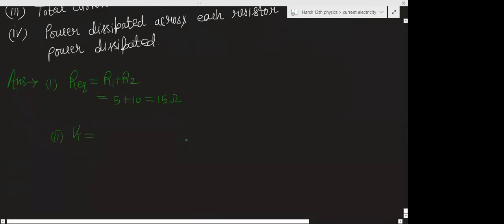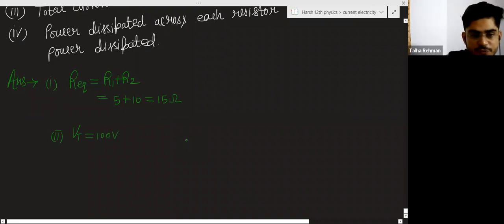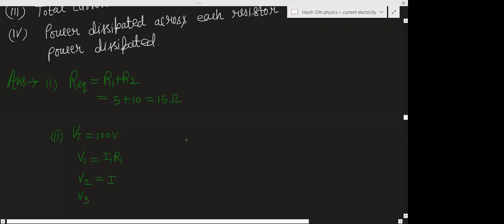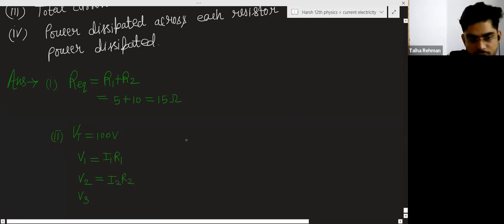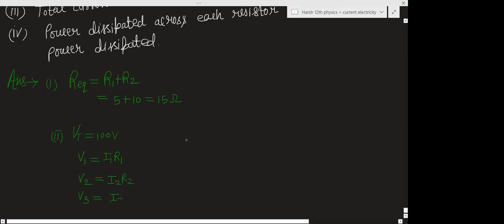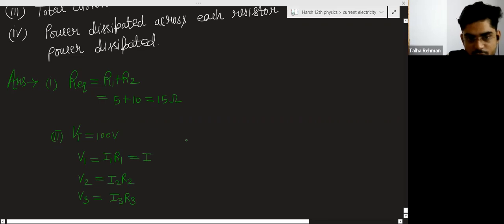Very good. And they are asking V1, V2, V3. So V1 is equal to I1 R1, V2 is I2 R2, V3 is I3 R3, and I is the same as this is a series combination.